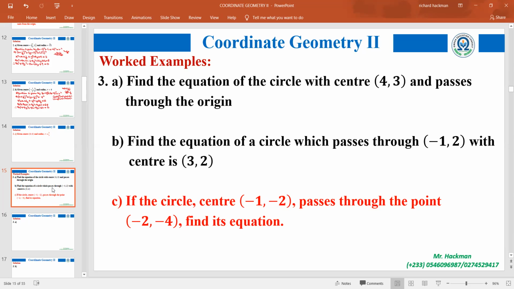How do you understand this question? Do you have the basic information that we need directly, which is the center and the radius? Hello, my professors, are you with me? Yes.